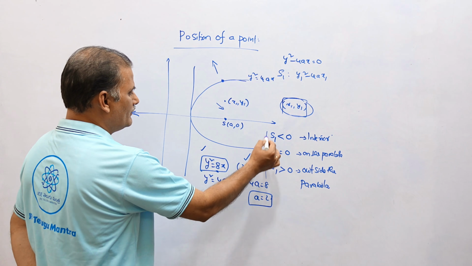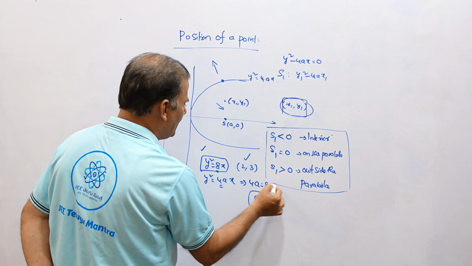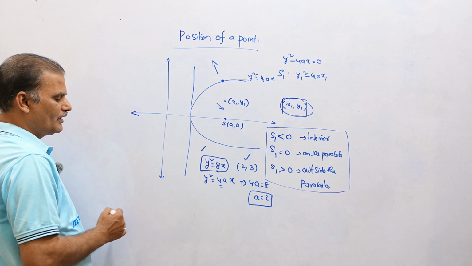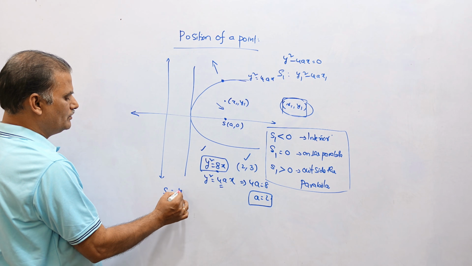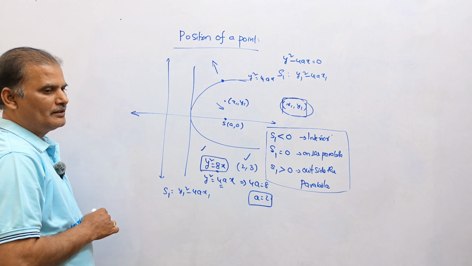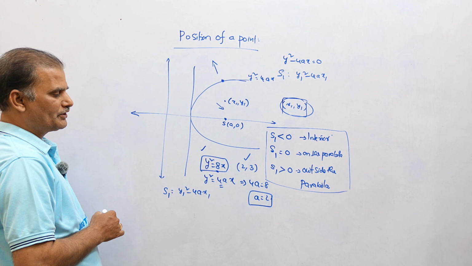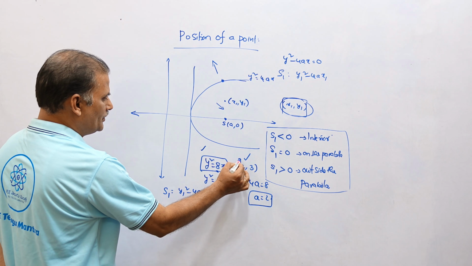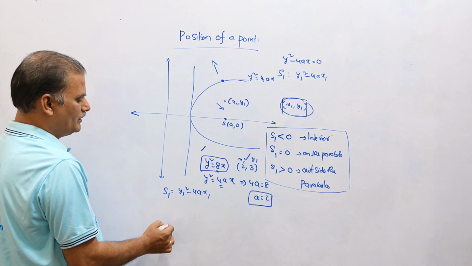The condition for whether the point is interior, exterior or outside is S1. Now S1 is equal to y1 square minus 4ax1. Here, this is x1 comma y1.